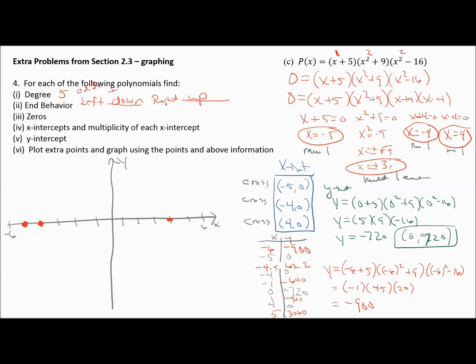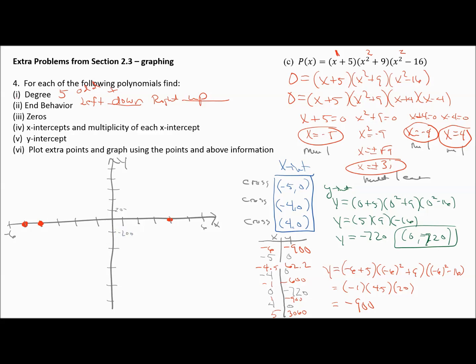Maybe we could do 200, 300, 400, 500, 1,000 on our scale. So let's say 200, 400, 600, 800, 1,000. So there's 200, then negative 200, negative 400, negative 600, negative 800, negative 1,000. So there's negative 200.